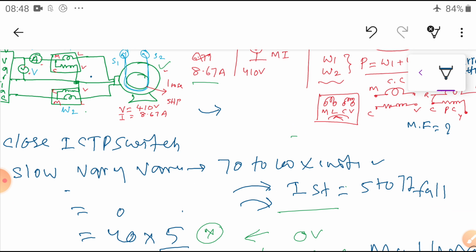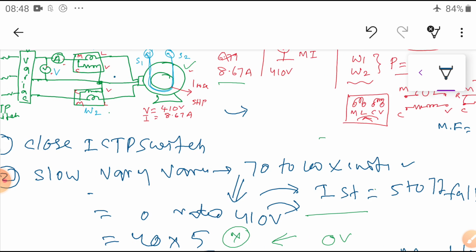You can observe all these things in the meters. Once the ammeter shows the minimum current, then increase the variac up to the rated voltage. What is the rated voltage? 410. At that condition, the motor is under no load, running at steady state.